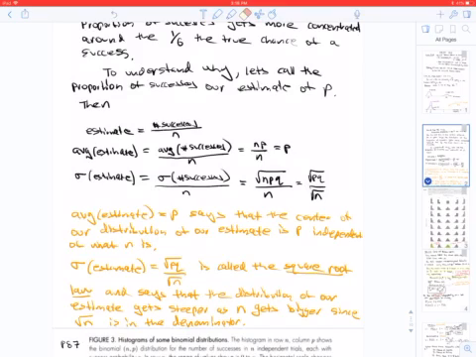So the average of that estimate is just p, whereas the standard deviation of the estimate is the square root of pq over the square root of n. So we see that the standard deviation of the estimate is going to have an n in the denominator. And so as n gets larger, the standard deviation or spread is going to become smaller.